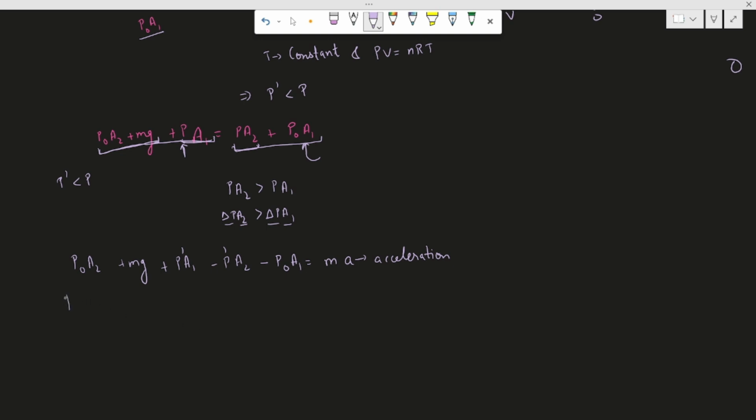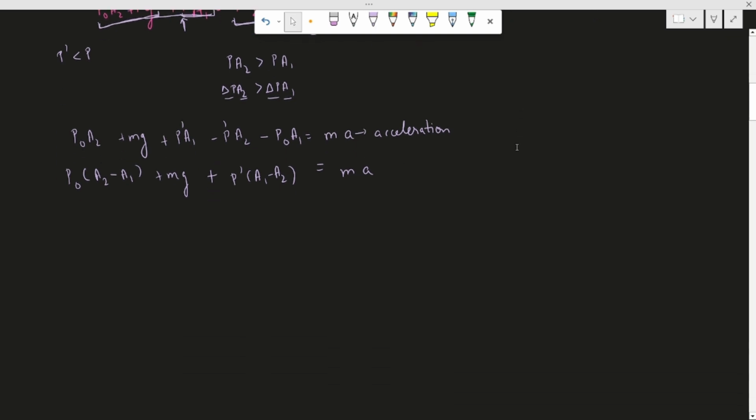So I can take common P naught. Inside the bracket is A2 minus A1, plus mg plus P dash (A1 minus A2) equal to ma.